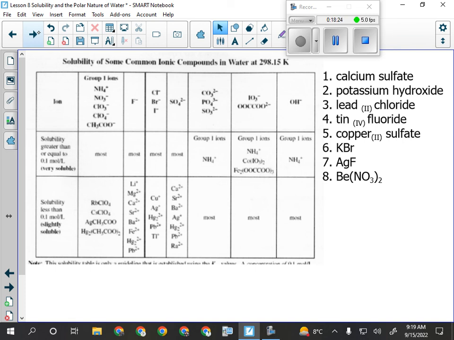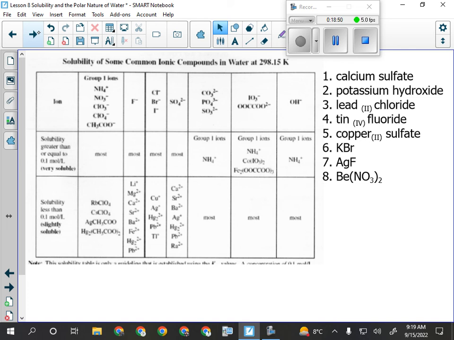I go up here and I find chloride. If I go down one row, it says it's soluble with most things, which is the least helpful thing it could say. Then I have to go down to the next row. It's not soluble if it's with copper or silver. So silver chloride would be not soluble in water.